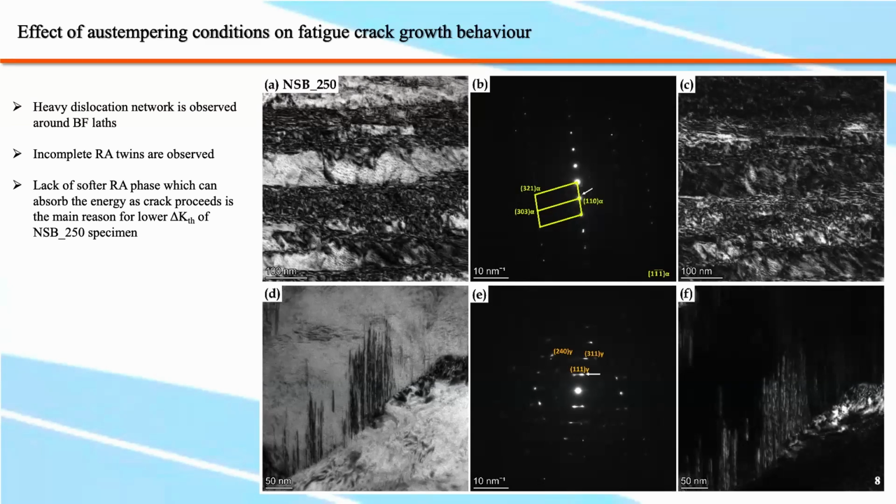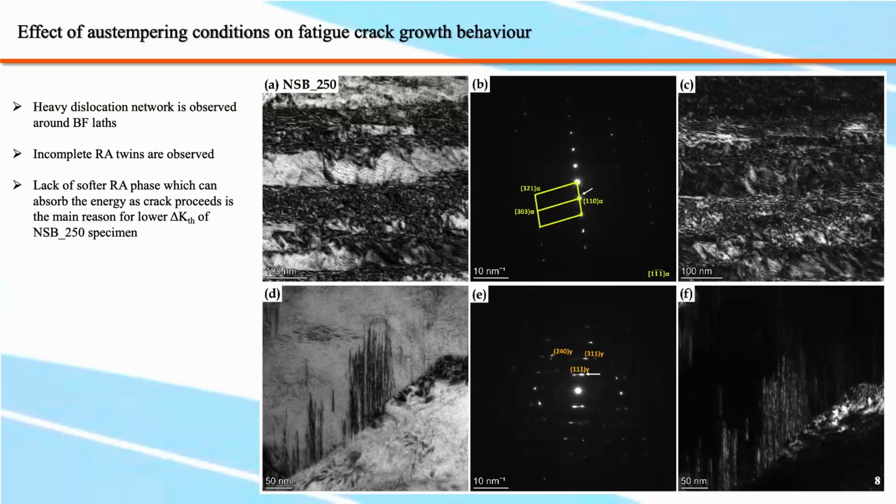Further, in the austenite, we could observe the formation of microtwins. This has not yet completely developed into a deformation twin, but only microtwins were present, which suggests quite a few things. First of them would be that whatever dominant microstructural feature is present will determine the fatigue crack growth characteristics of that particular specimen.